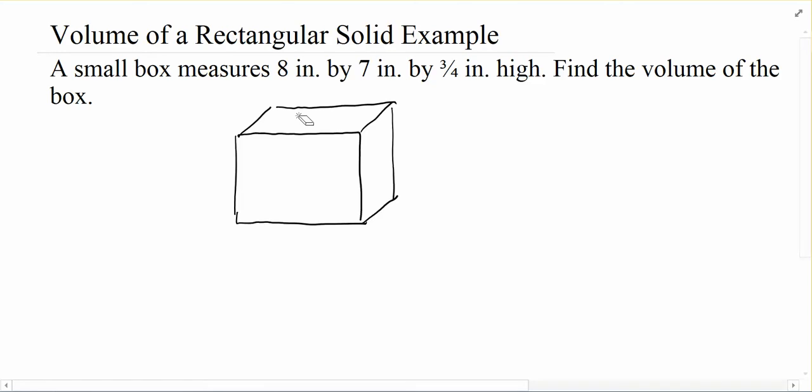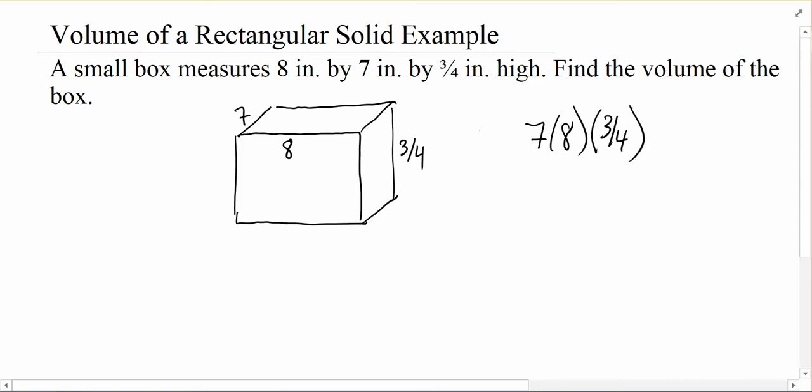So in this case, our piece of paper is 8 inches by 7 inches, but we have it stacked 3/4 of an inch tall. So the area of the piece of paper would be 7 times 8. But once I stack a whole bunch, I'm going to multiply that by the height.